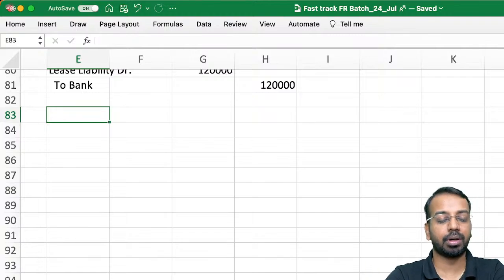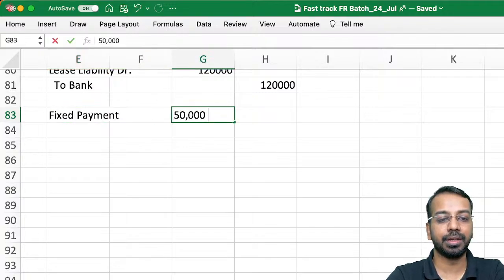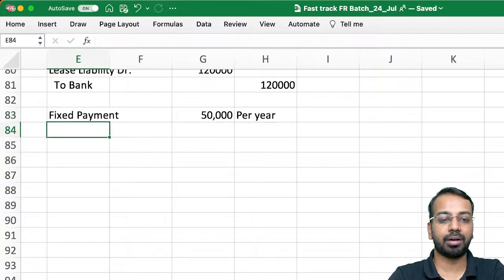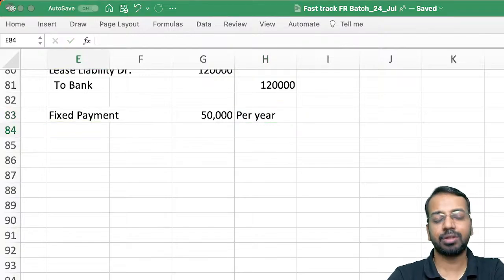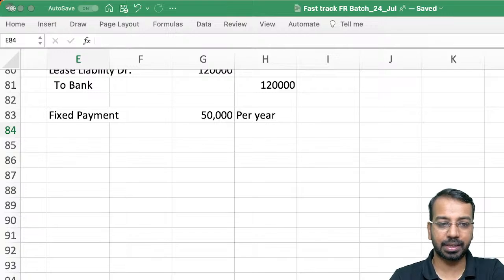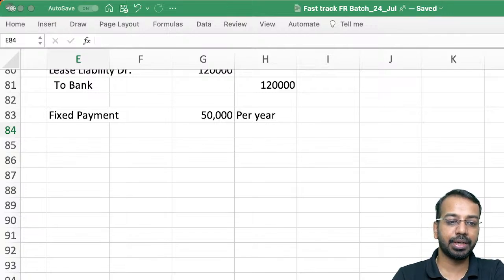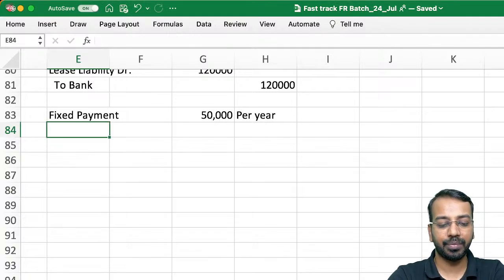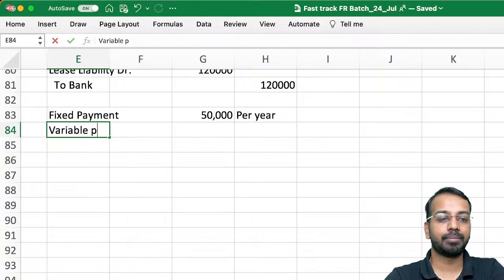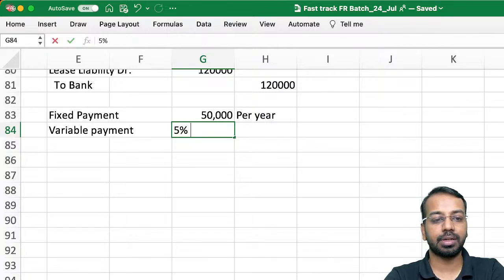So what the mall owner has agreed is fixed payment is 50,000 per year. I am using per year on purpose because in examination most of the questions will be on yearly basis, right? So fixed payments per year is 50,000, and there is a variable payment which is, let us say, 5% on sales.